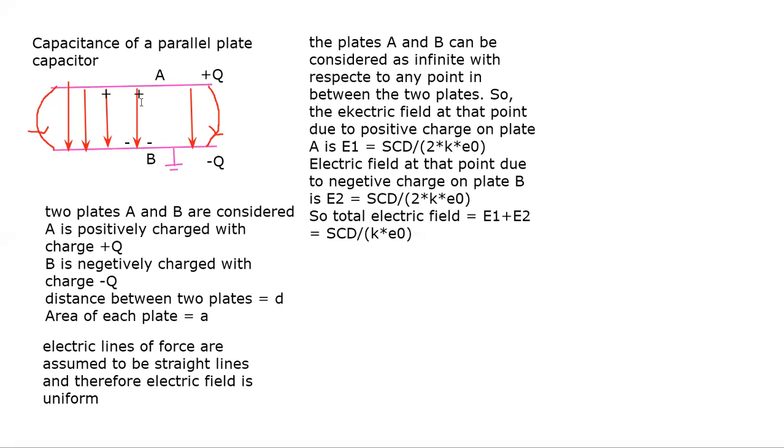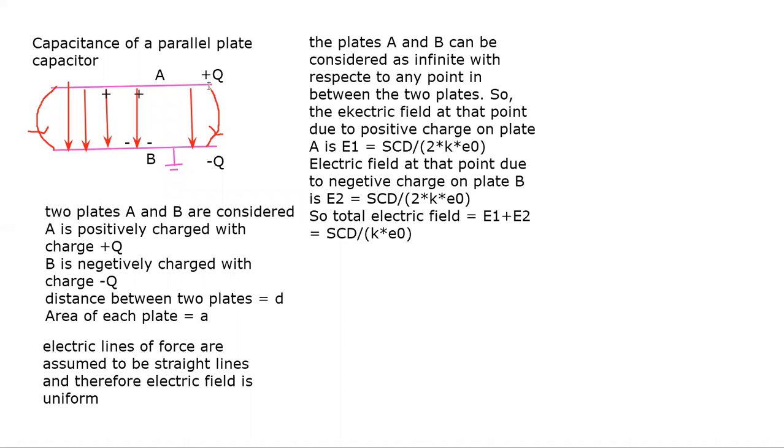Now, electric lines of force are assumed to be straight lines because we have assumed that the area of the plate is very large compared to the distance between them. So we can assume that the electric lines of force are parallel here, because in a very short distance, electric lines of force will be straight lines and at the edges they may be a little curved.